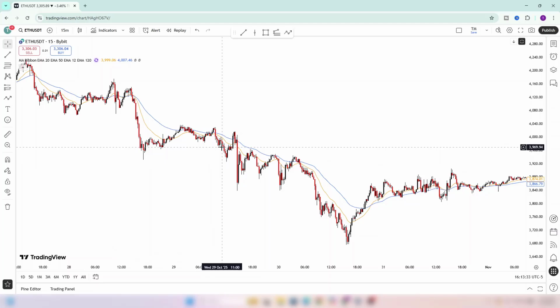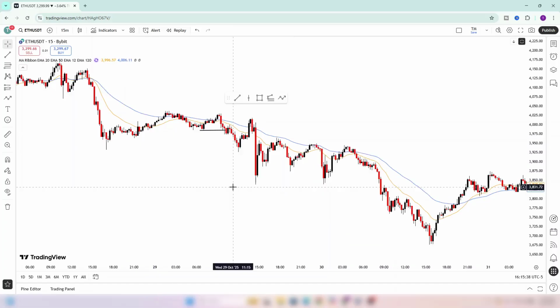Like I told you, look at what I said. When price pulled back to the 50 EMA, what do you notice happened? A short-term swing low was broken, and it gives us a bearish break of market structure or trend change, depends on what you want. Remember, this is a trend change scenario.